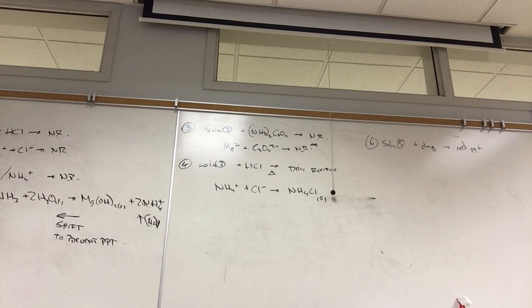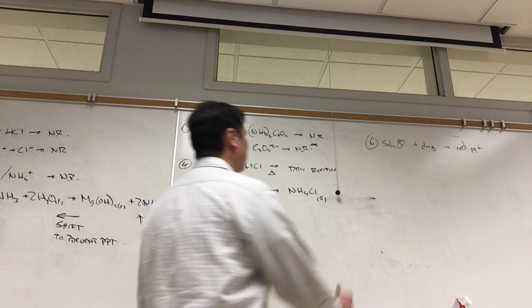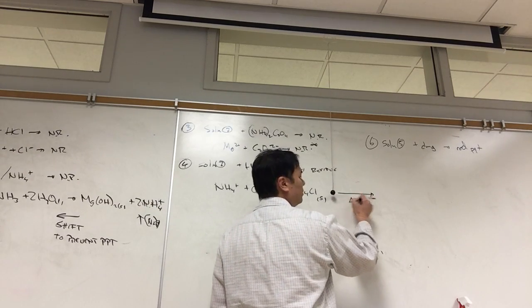And then what do we do with ammonium chloride? Actually, I'd like to get rid of all the ammonium if it's possible before adding the nitric acid. And so what happens here if I heat ammonium chloride? Will it decompose?